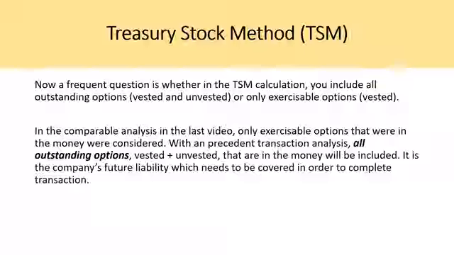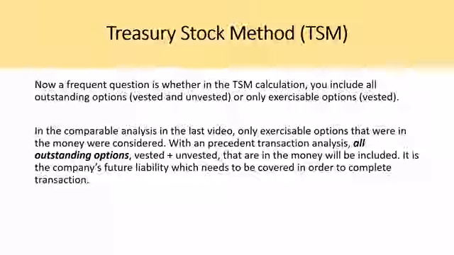So when you are calculating in-the-money options, do you consider the ones that have been vested or the ones that have not been vested? Will you add up both? So it'd be vested and unvested. So it'd be all outstanding options. And the reasoning behind that is that when you make a commitment to vest a certain amount of options in the future, that's a future liability to your employees.